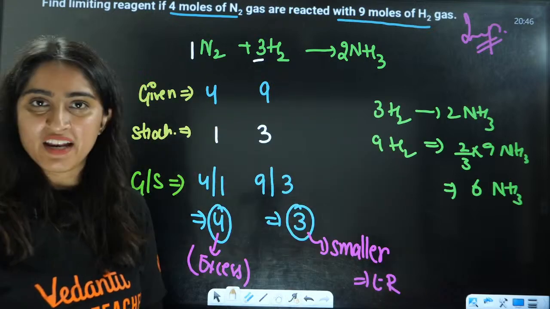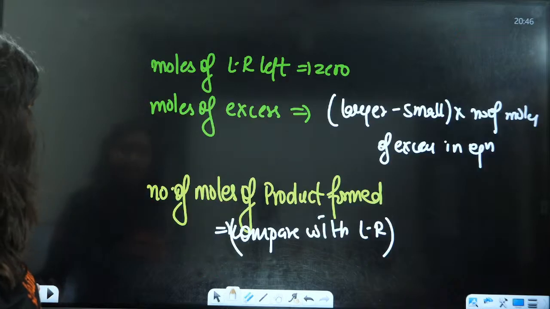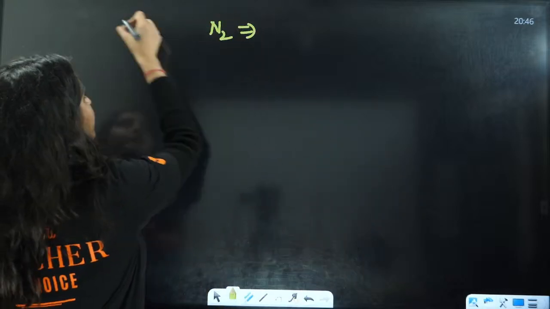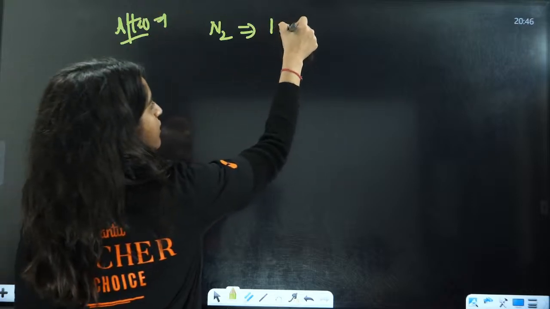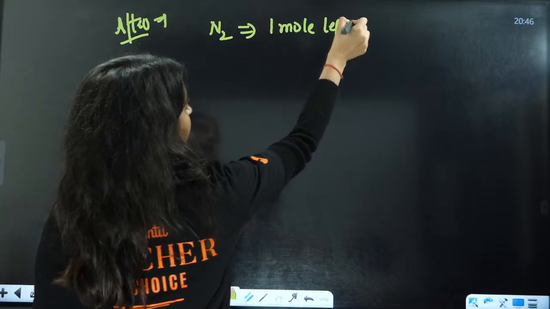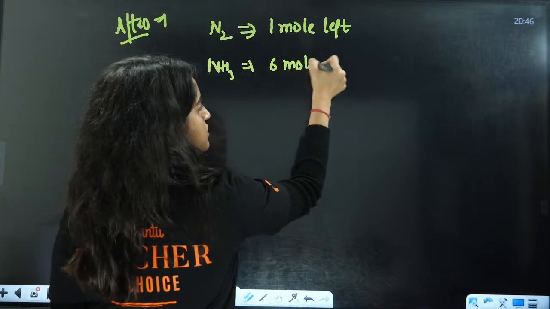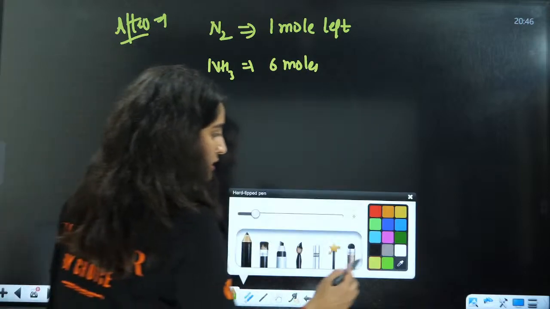So 6 moles of NH3 will be formed here, and 1 mole of N2 is left. So I'll write it here: after the reaction, N2 is 1 mole left, and NH3 formed is 6 moles.